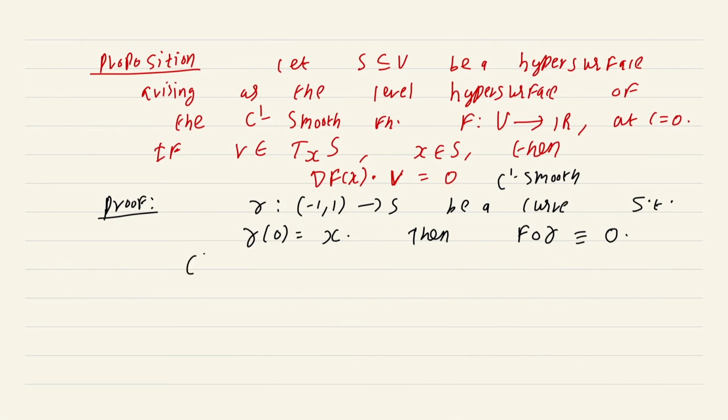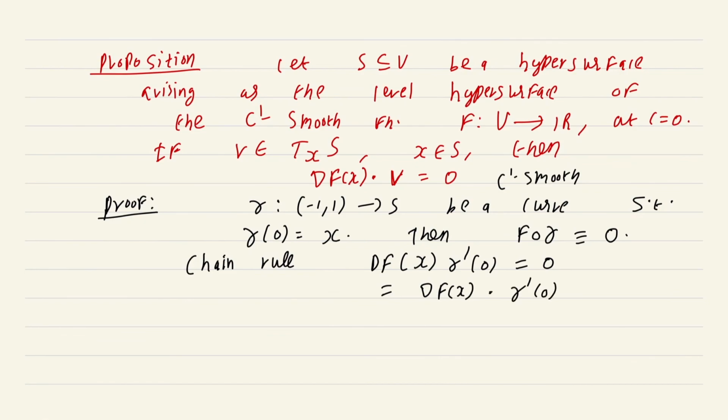Now the chain rule tells us that df at gamma of 0, which is just X, acting on gamma prime at 0 is just 0. This is the same as gradient of f of X dot product gamma prime of 0. So this was a rather easy proof. The gradient gives you the normal to the level hypersurface, or rather the normal to the tangent plane of the level hypersurface. All this will be made more precise when we study manifolds.